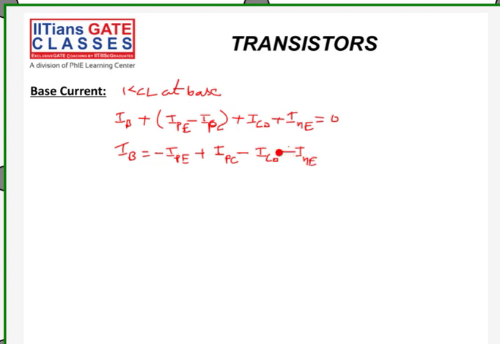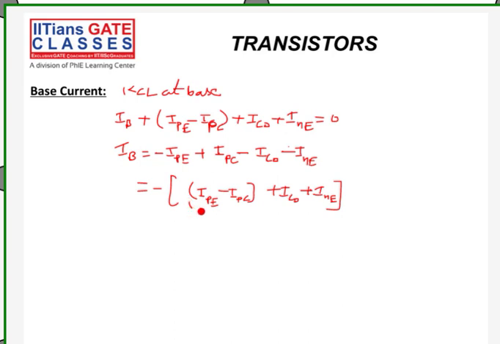So these are the things. So here, suppose I will take the minus sign outside, I'll get IPE minus IPC plus ICO plus INE. Suppose the minus sign I have taken out.